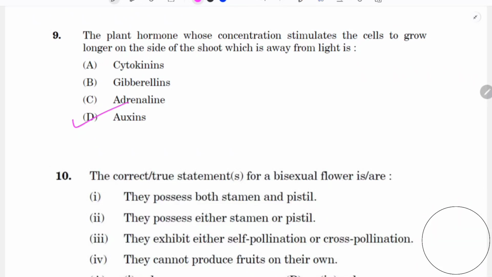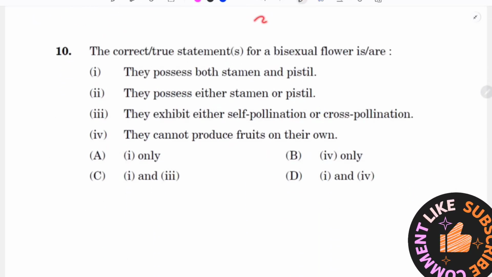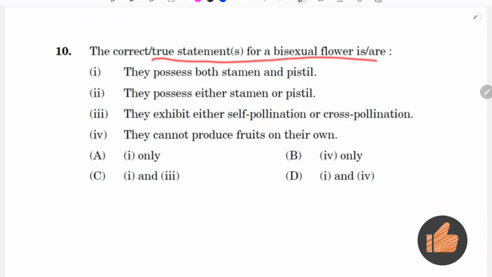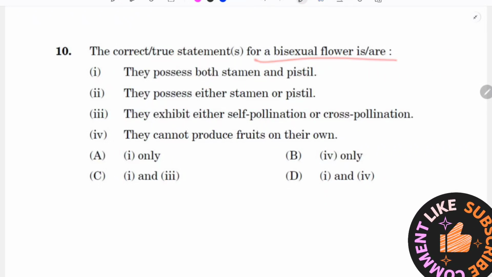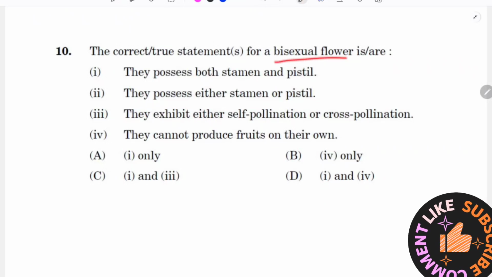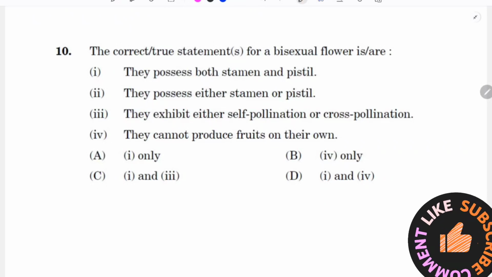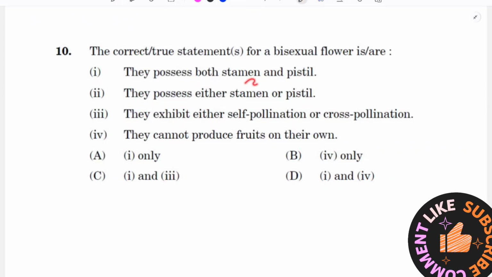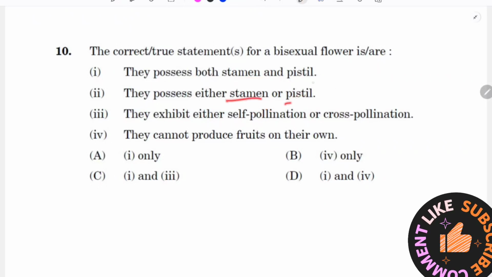Now 10th question. The correct or true statements for a bisexual flower are: maybe one condition, maybe two conditions. What is the answer here? They possess both stamen and pistil. They possess either stamen or pistil.